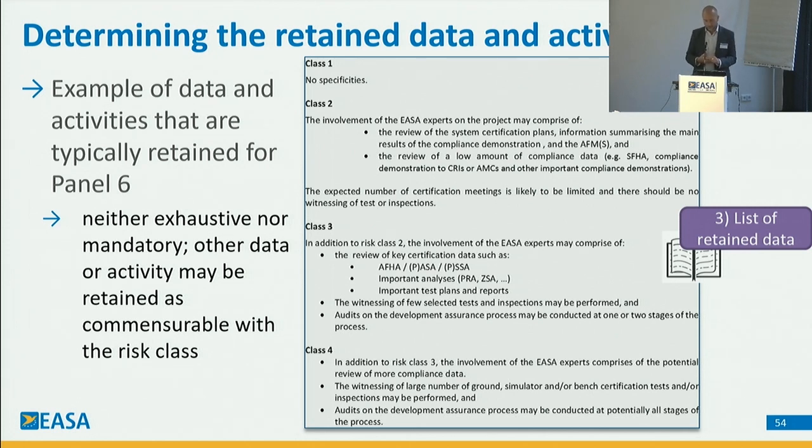Okay? It is meant as guidance, so it doesn't mean that in all the cases where you end up with risk class 3, you have to provide the AFHA, for example. So take this as guidance. You can deviate from that. Also, EASA may at some point deviate from that.